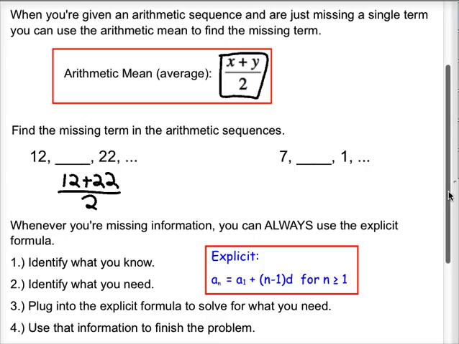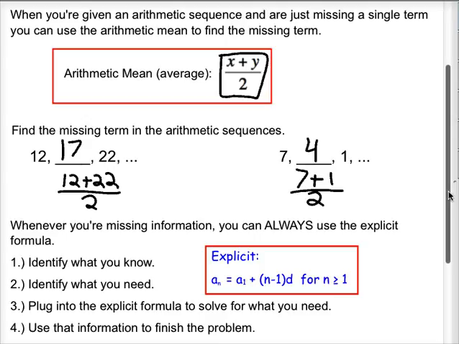And when you do that, you should get your missing number is 17. Well, what about this one? 7 plus 1 divided by 2. So 8 divided by 2, my missing number is going to be 4.